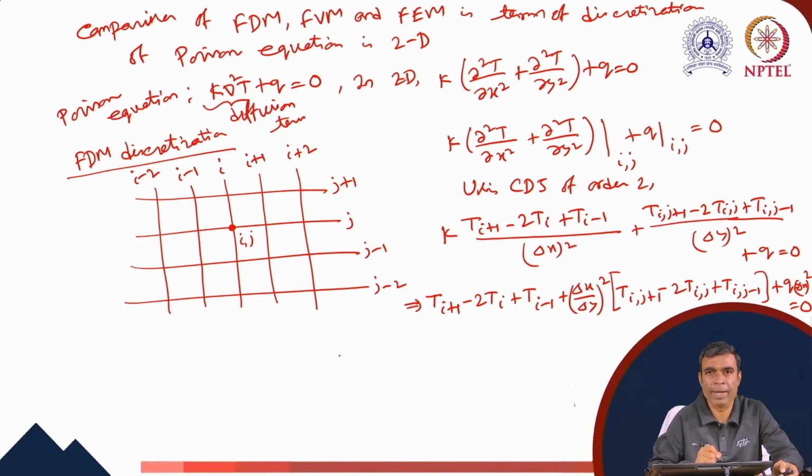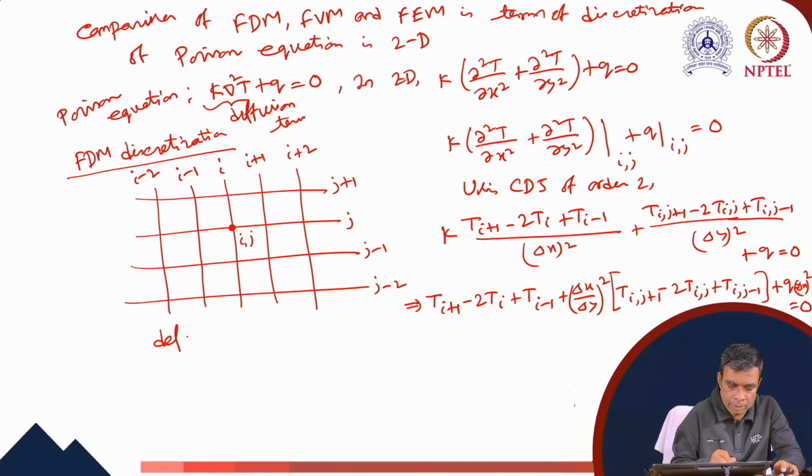Now the finite difference grid may be uniform, may be non-uniform. The aspect ratio of the grid we define by the symbol beta. So define beta equals to delta x by delta y equals to grid aspect ratio.